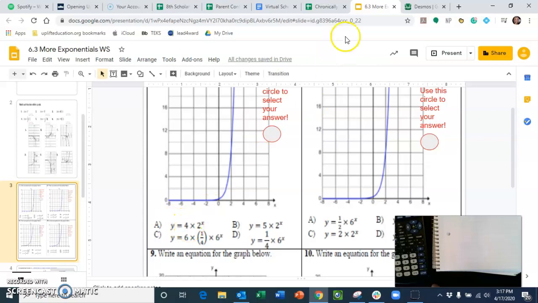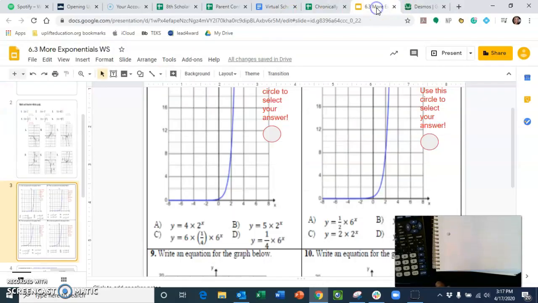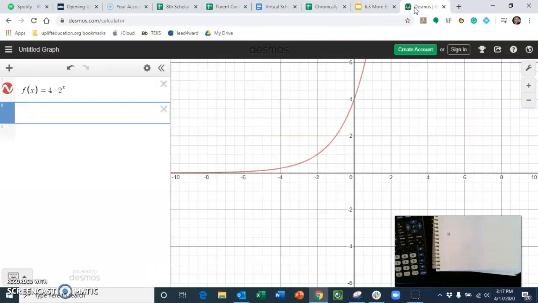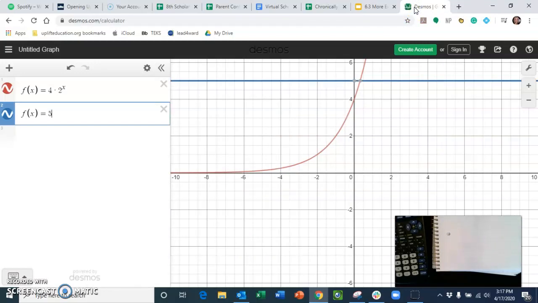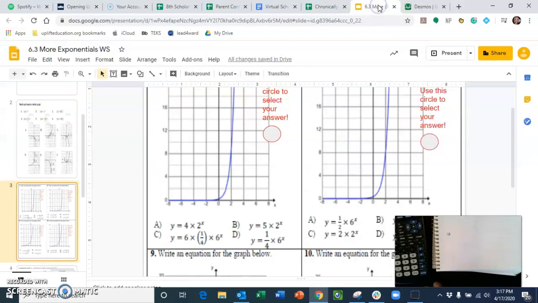So let's take a look at A. A is 4 times 2 to the x. You can either do times using the asterisk and 8, or you can put the 2 in parentheses. Let's put another one in here. B is 5 times 2 to the x. C is 6 times 1/4 times 6 to the x.